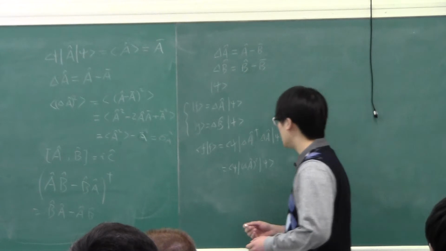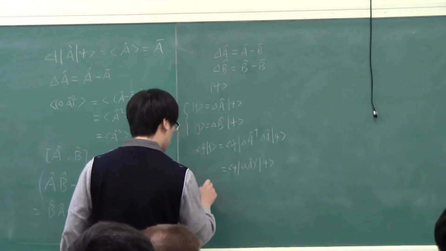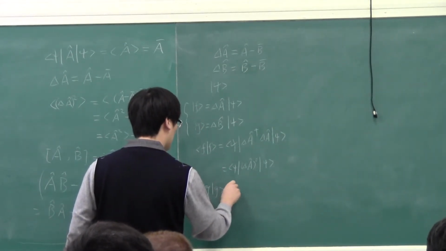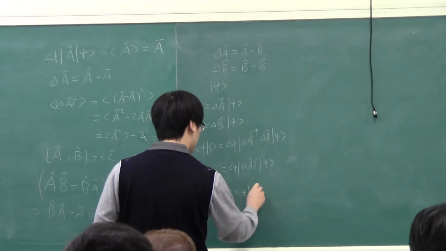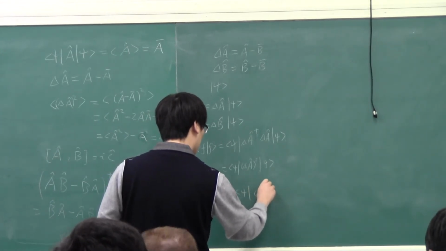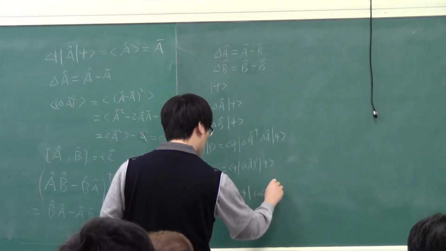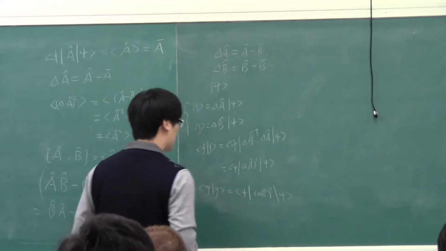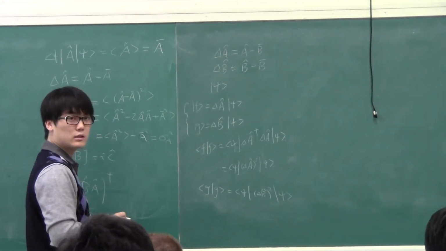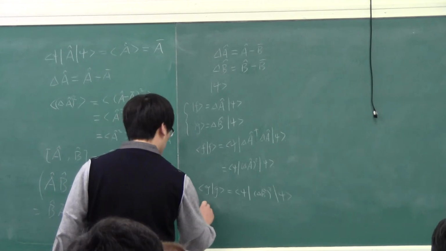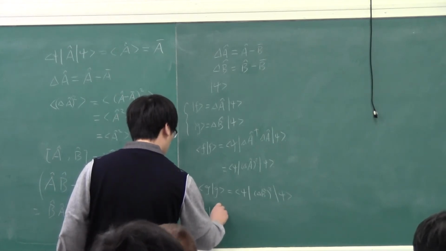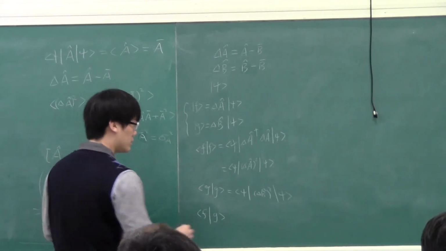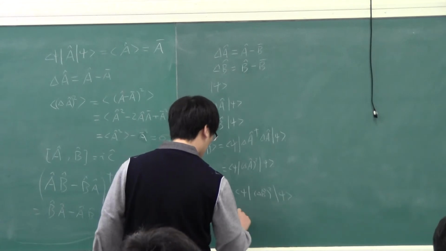And similarly, the norm of g would encode information about the variance of B in the state phi. Now we can also study their covariance.